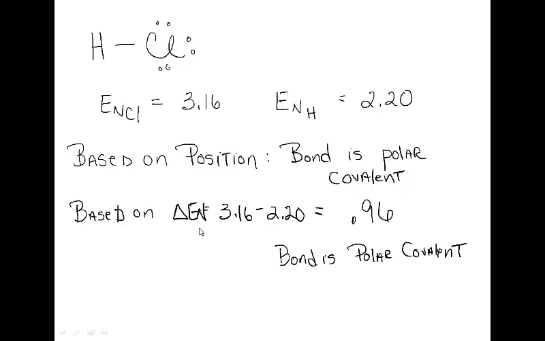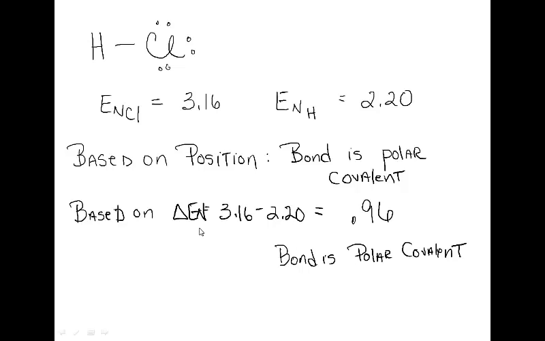So in this situation, I'm doing it both ways. Based on position on the periodic table and previous knowledge from first-year chemistry, HCl should be a covalent bond. Hydrogen is on the left, chlorine is on the right, and electronegativity increases as you go across, and of course that whole corridor, the oxygen, fluorine, chlorine, nitrogen corridor, has high electronegativities.